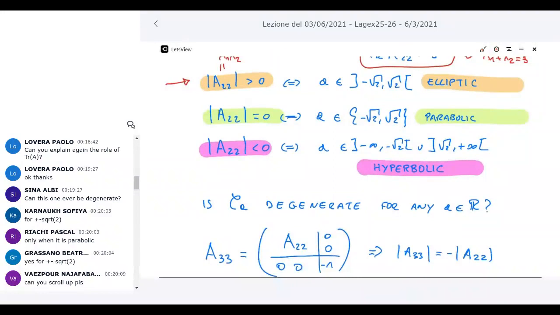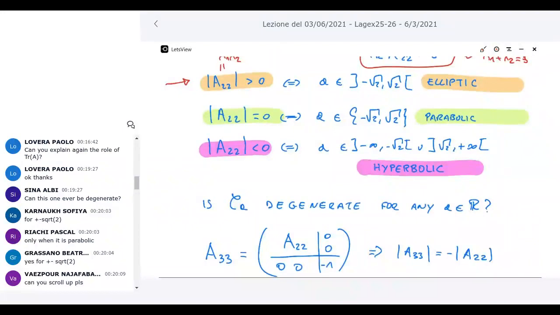Yes, there are. And it is only happening when they are of parabolic type. So parabolic degenerate means parallel lines, or two coincident lines, okay? So it is degenerate if and only if A is equal to minus square root of 2 or square root of 2.